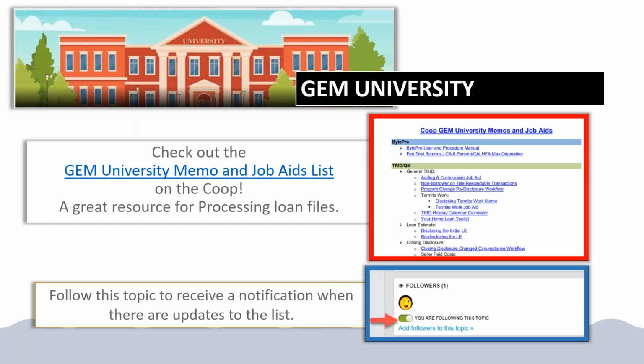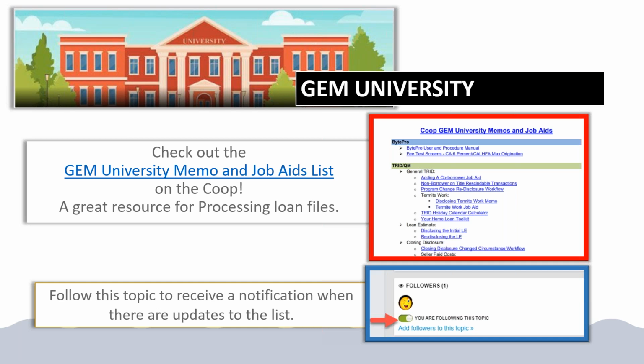One thing I want to do is encourage you all to check out our GEM University memo and job aids in the coop. You are going to find a lot of helpful information here. You can also add them to your favorites. That way it's just one little click and you know where they are.